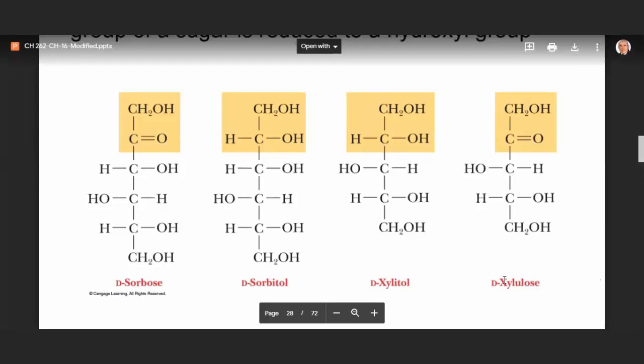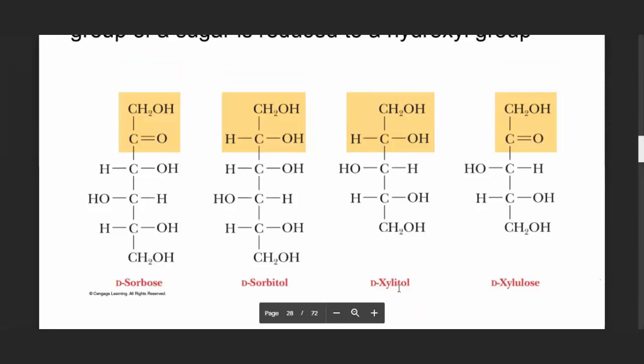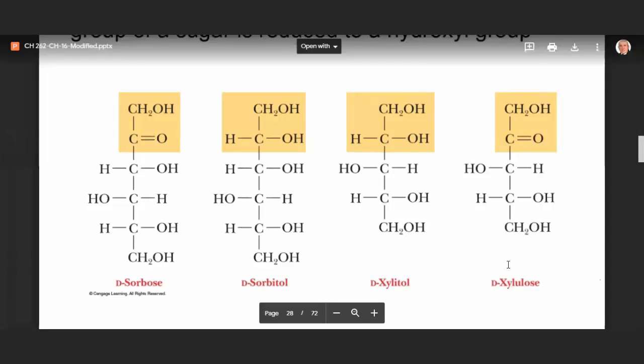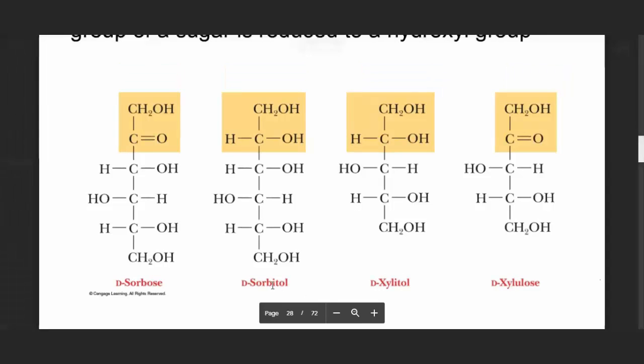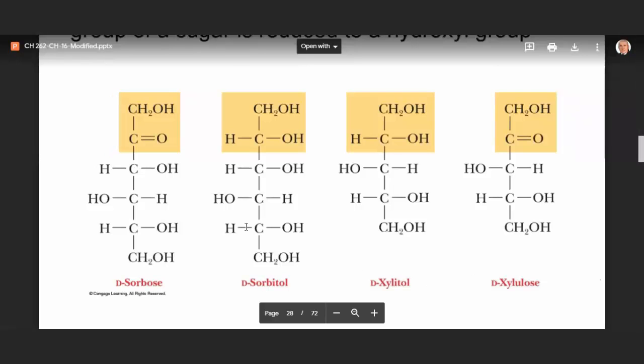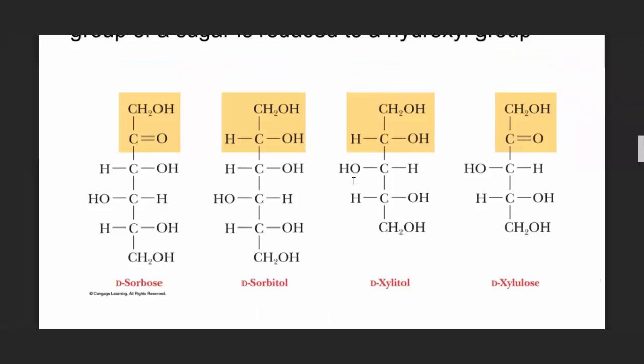However, D-xylulose, if you reduce this carbonyl group, becomes D-xylitol. And these have commercial importance as sweeteners in sugarless chewing gum and candy. So these two, D-sorbitol and D-xylitol, are artificial sweeteners.